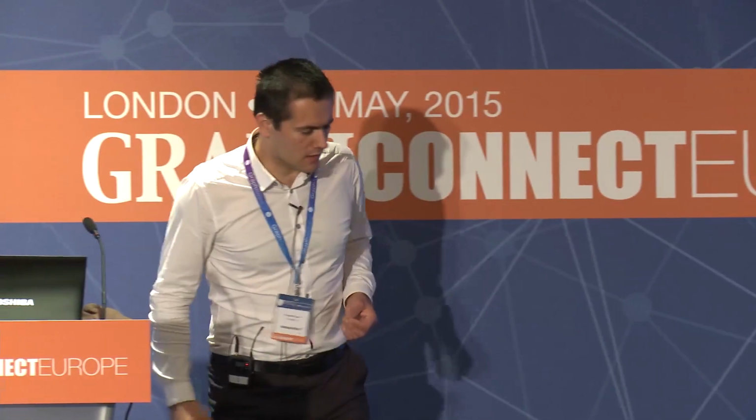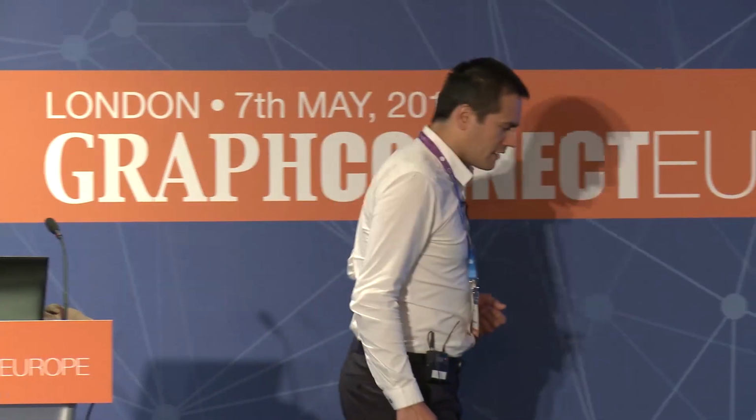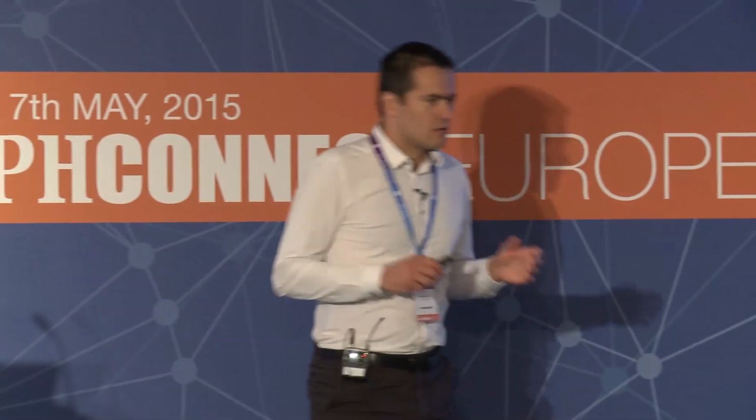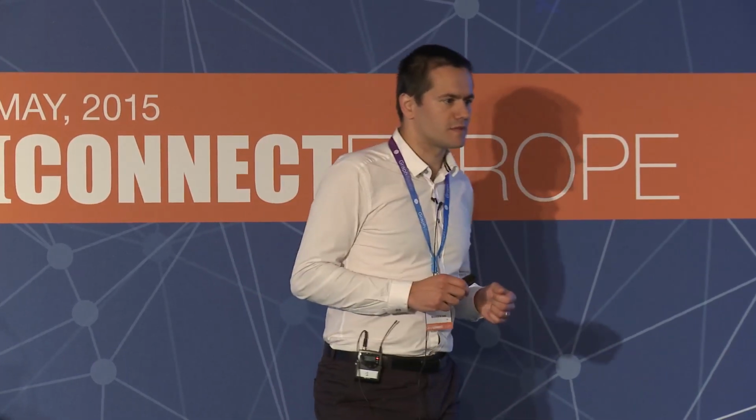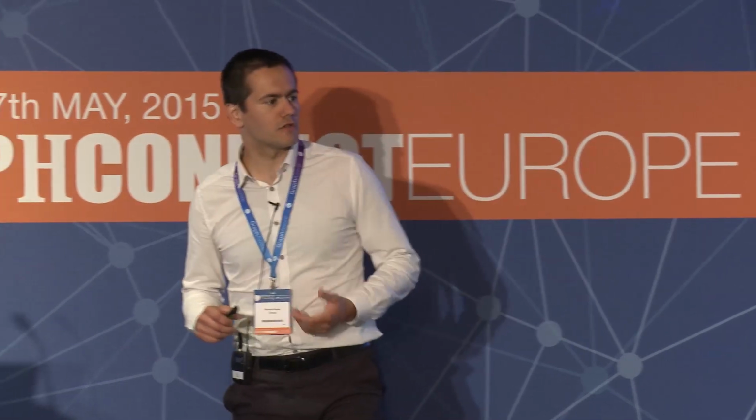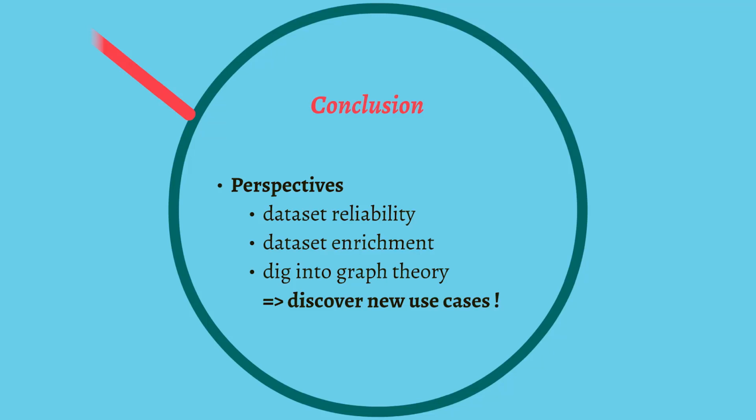And then the other insight I have is that most of the time we have market product owners saying, I want this use case to be implemented. Okay, so we will find a solution. This is a top-down approach. But if we dig into the data, into the graph theory, we can find use cases in a bottom-up way.